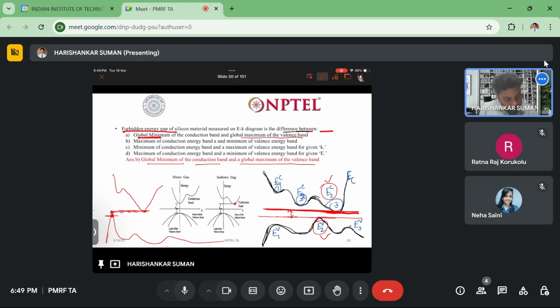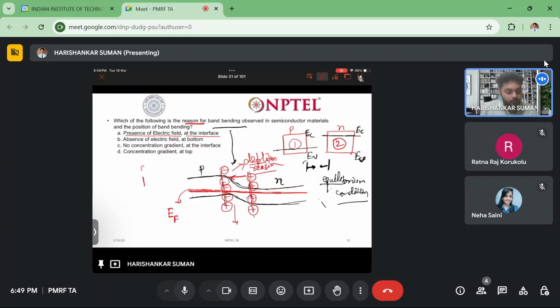Here you can see the forbidden energy gap, which is known as the band gap of the material, indirect or direct. Which of the following is the reason for the band bending observed in the semiconductor material? Why band bending?